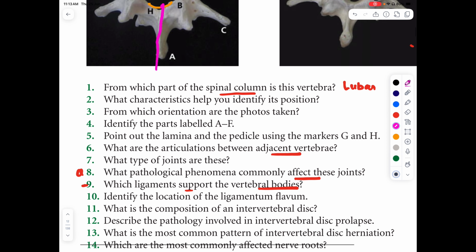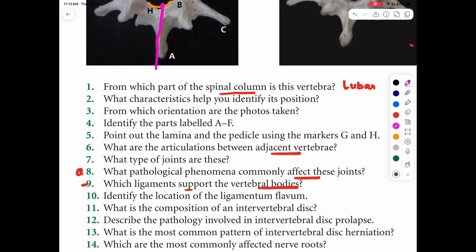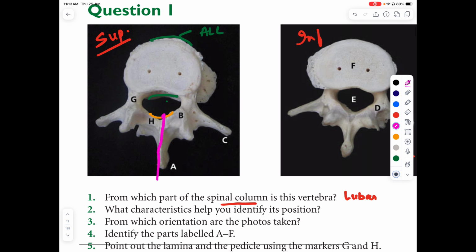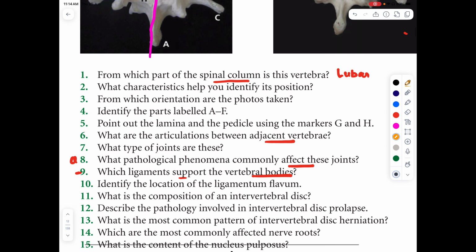So what is the composition of intervertebral disc? Now the disc has got an outer annulus, and in the center there is nucleus pulposus. So annulus fibrosus and nucleus pulposus is the liquid form. Then what is the composition of intervertebral disc?